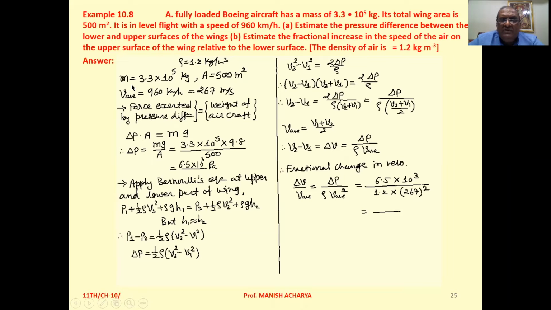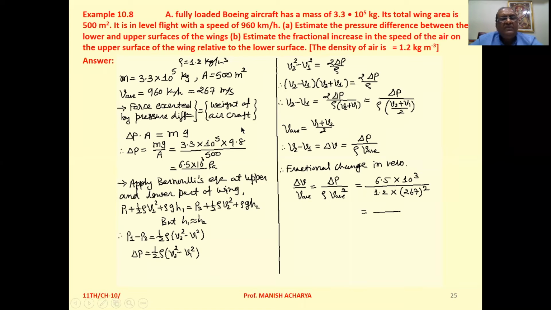Now, mass of the aircraft is 3.3 × 10^5 kilograms. Area of the wings is 500 meters squared. Average velocity, or speed of the flight, is 960 kilometers per hour. If you convert it to meters per second, it is 267 meters per second.